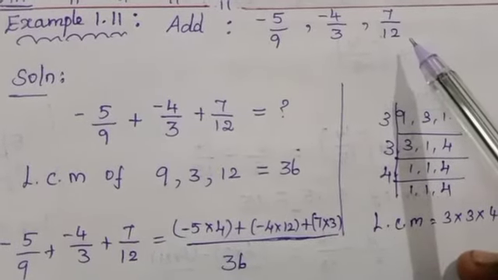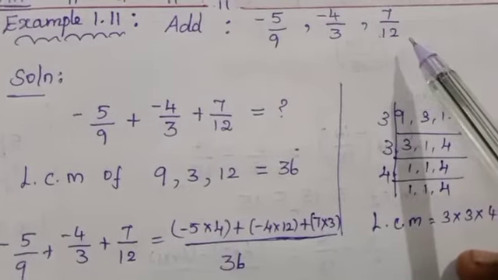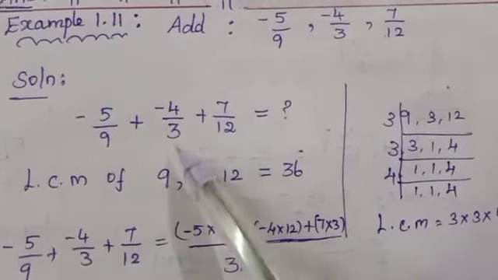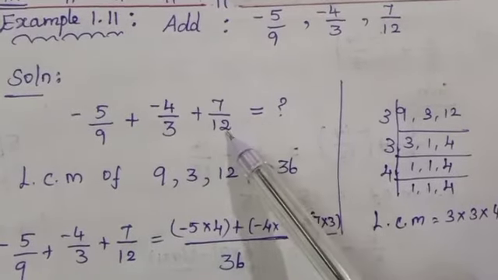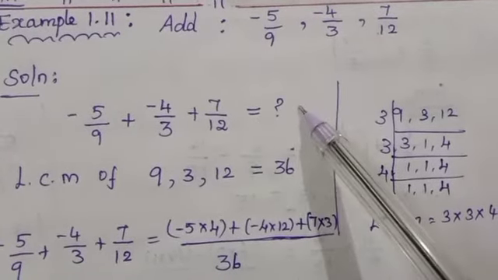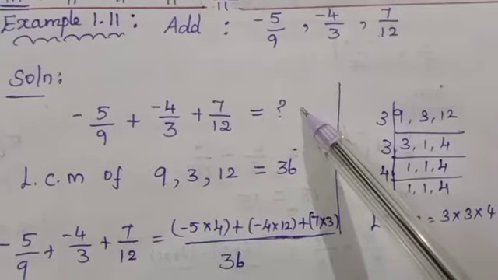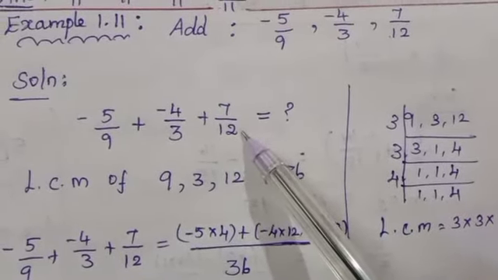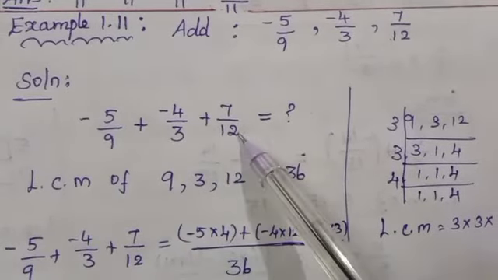So it is unlike fractions. So minus 5 by 9 plus minus 4 by 3 plus 7 by 12 is equal to what? We want to find it now, and different denominators are there.